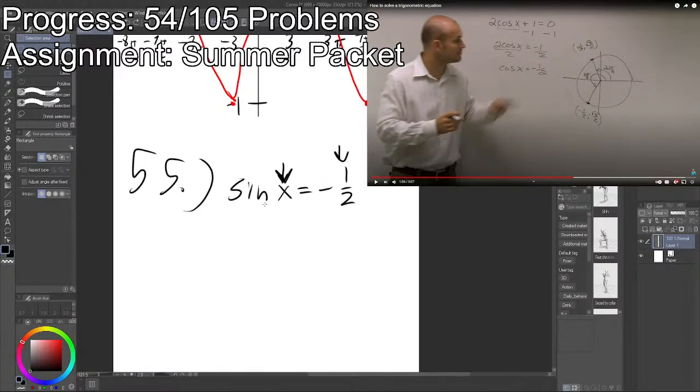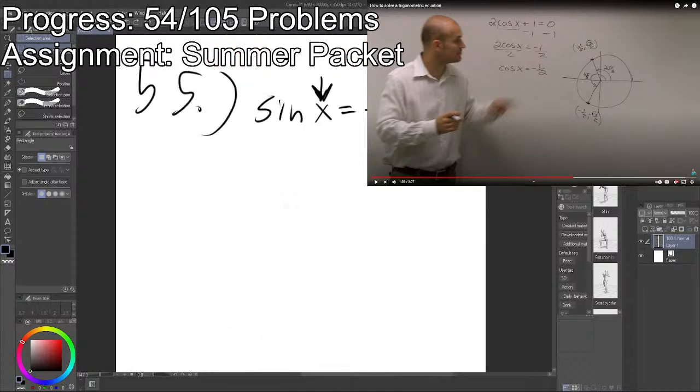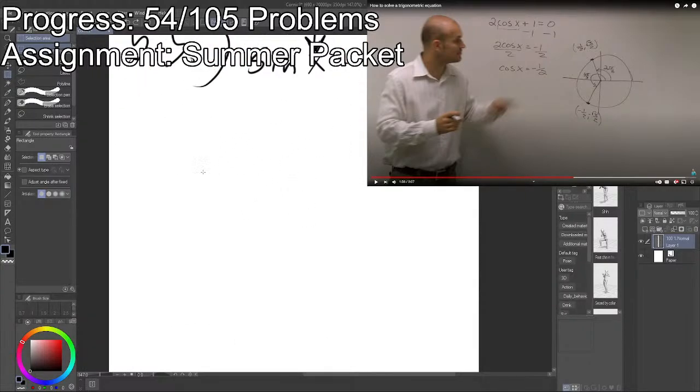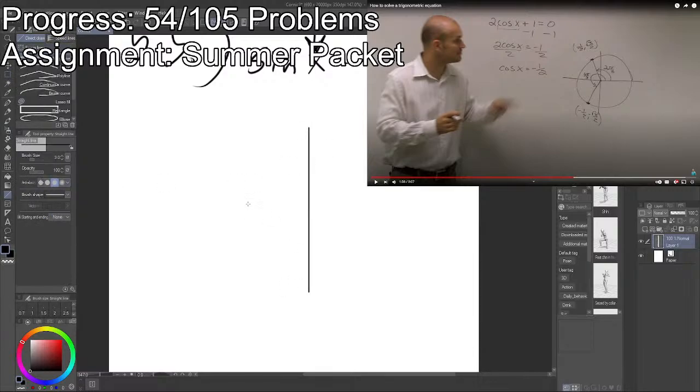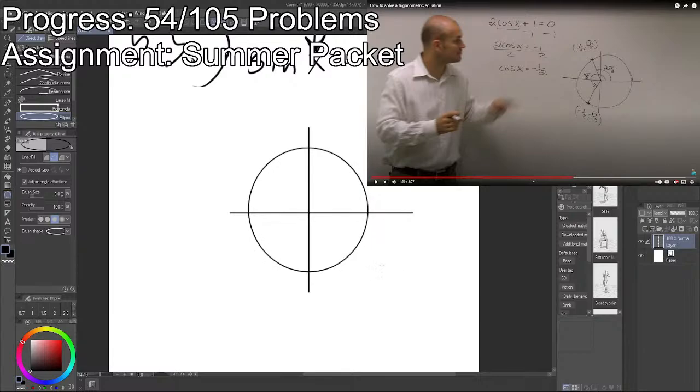I think I'm on the right track with this. Why'd it do that? Pull out the unit circle real quick. Okay, that would be right here.